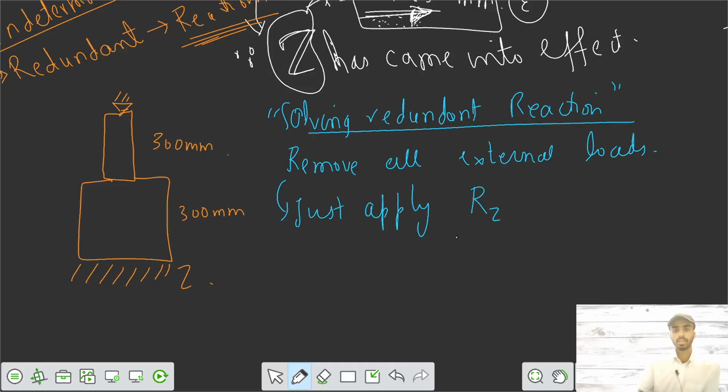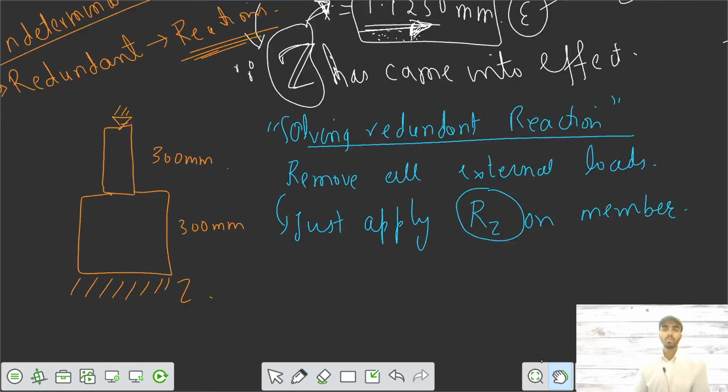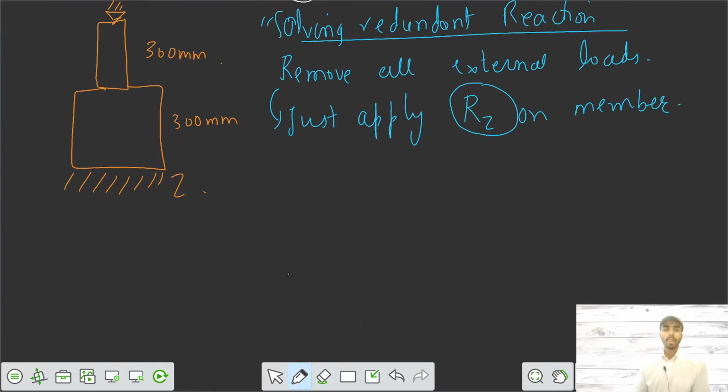Apply only reaction Z on the member. No other force should be there. We only check the effect of this reaction Z on the total member. And we know because of this RZ, it's preventing 1.1250 mm of deformation.